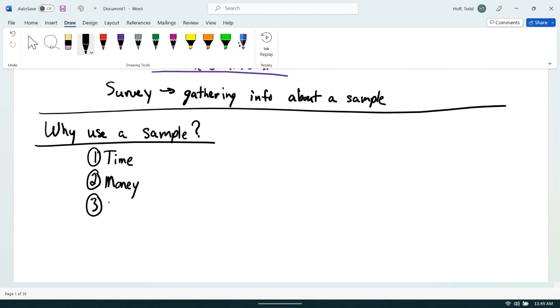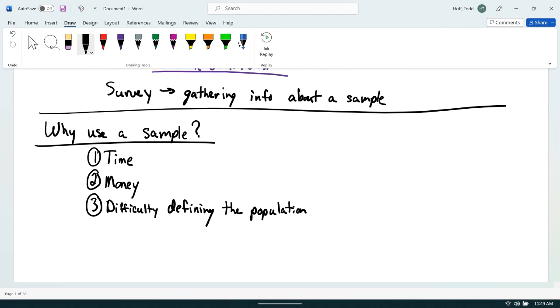Third thing here is difficulty defining the population. Now this might seem kind of weird, like, well, we just defined the population above, but did we really? We said we only care about the voters who will vote in that election.